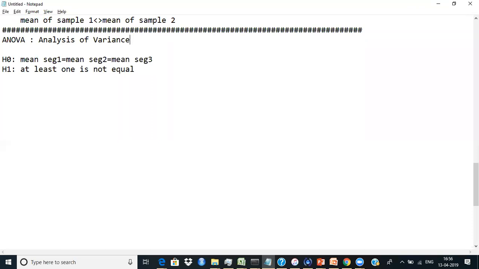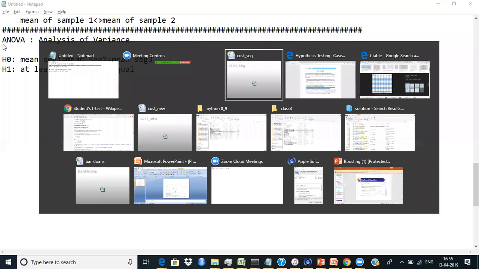Generic format है mean of sample 1 is equal to mean of sample 2 is equal to mean of sample 3. मतलब 2 से ज़्यादा अगर sample है तो 2 sample है we can handle it in t-test. 2 से ज़्यादा sample हो गया तो we cannot do 1 t-test, we will have to do ANOVA. Make sense? Okay. Now, अभी चलते हैं Python पे.